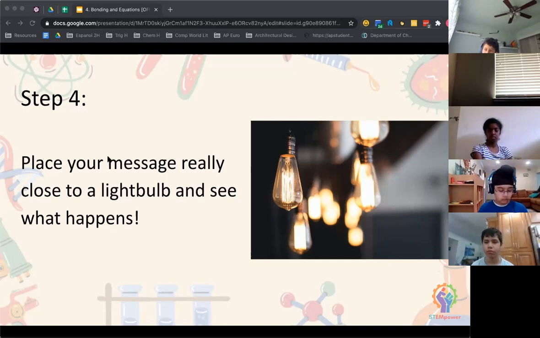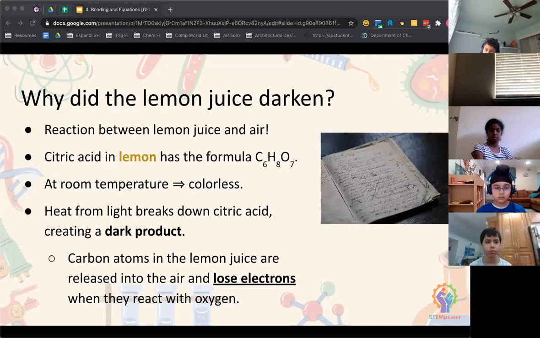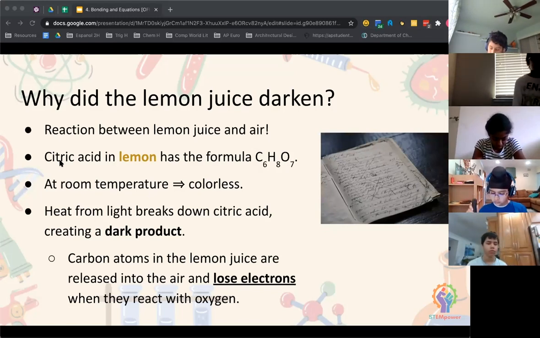So what was supposed to happen was that the lemon juice would darken. Once put under super bright light, there would be a reaction again between the lemon juice and the air. And so the citric acid in the lemon juice would darken because the carbon within it would break down and leave to its own compound.